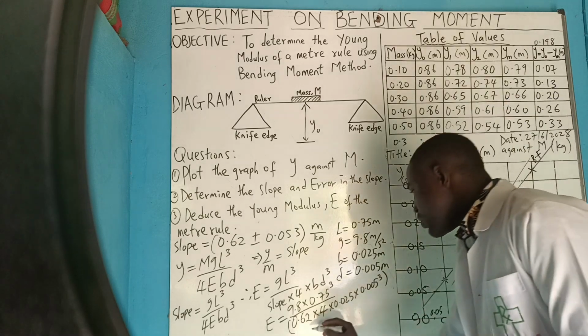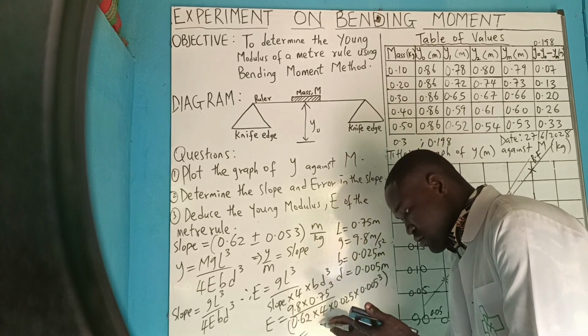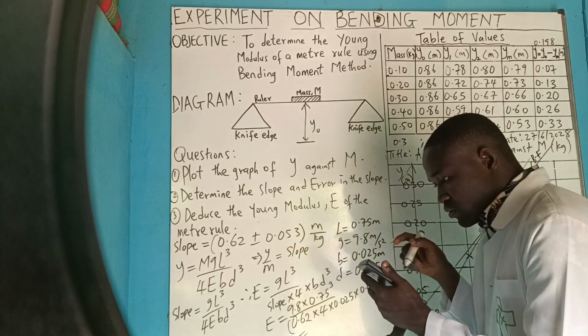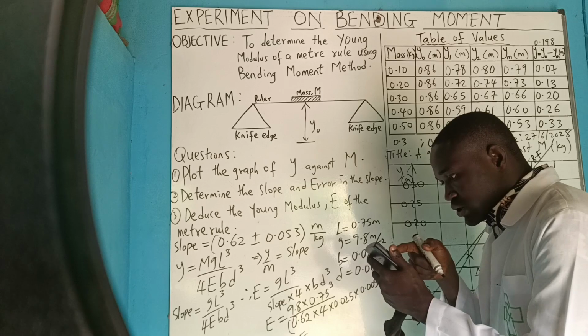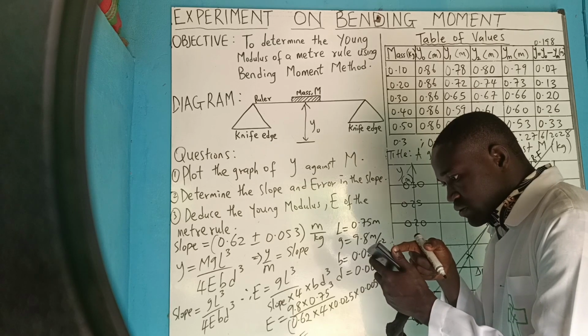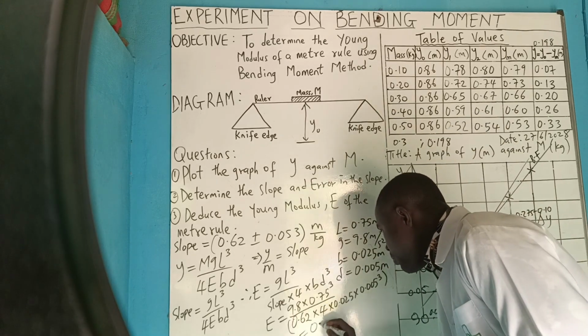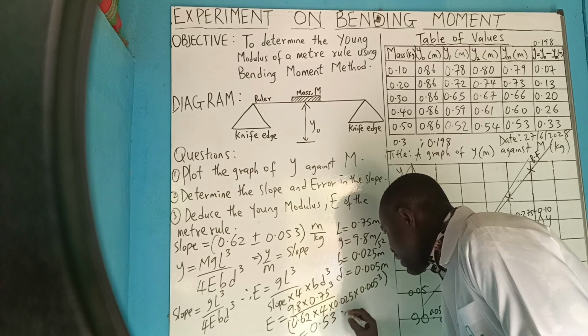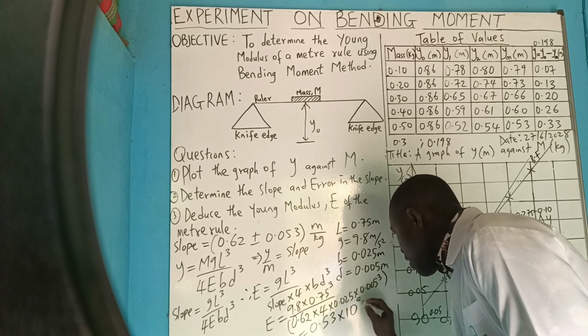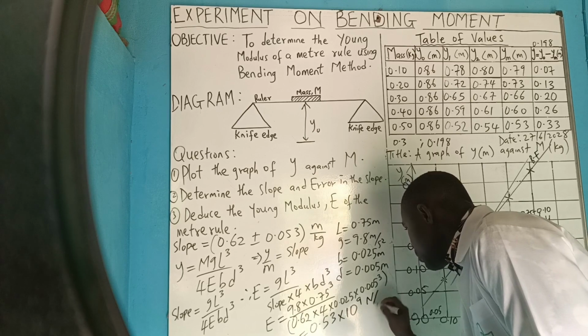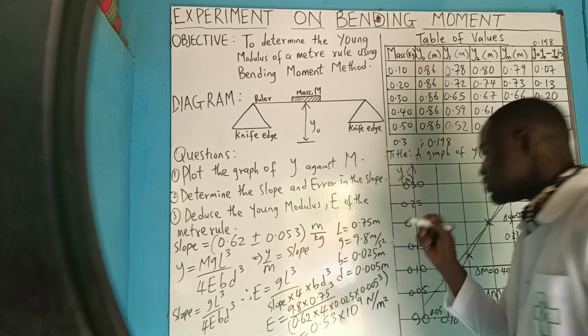And so that will be giving you 0.53 times 10 raised to the power of 9 Newton per meter squared.